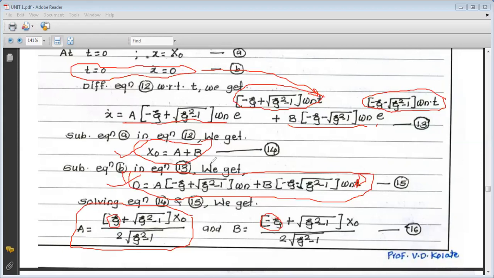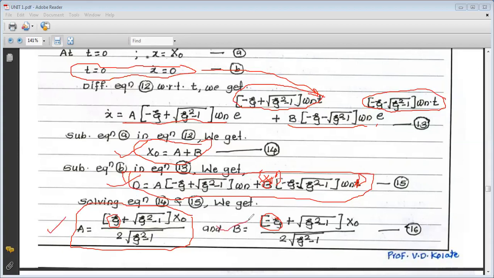You can solve these two equations by putting the value of b as x0 minus a in equation number 15, and from that we get the value of a. Once we get the value of a, b is equal to x0 minus a. So we get two constants, a and b.